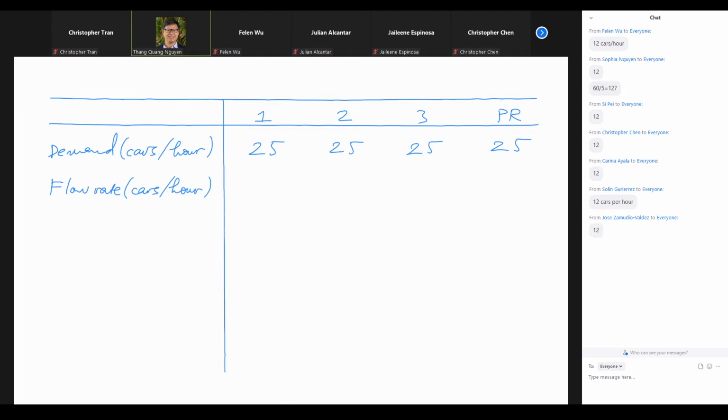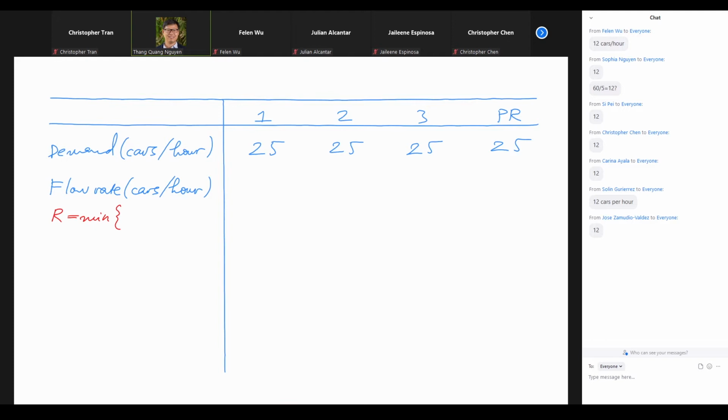Okay, so I would like to remind everybody about how to find the flow rate. The flow rate is the minimum among the input rate, process capacity, and the demand rate. In this case, we assume the demand to be 25 cars an hour. But you know what?